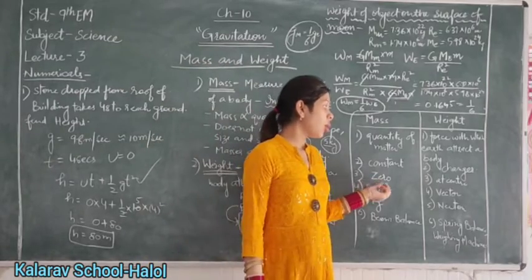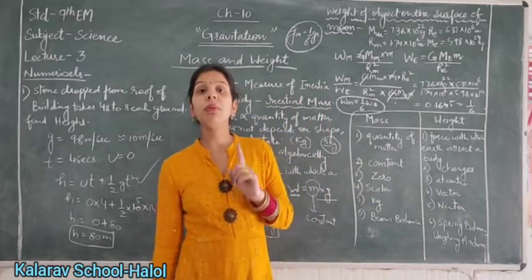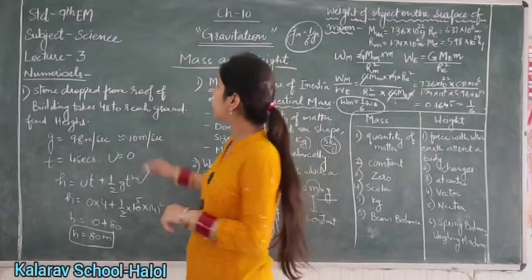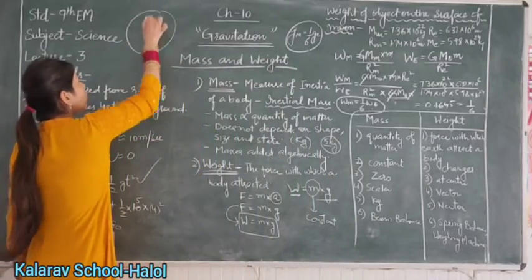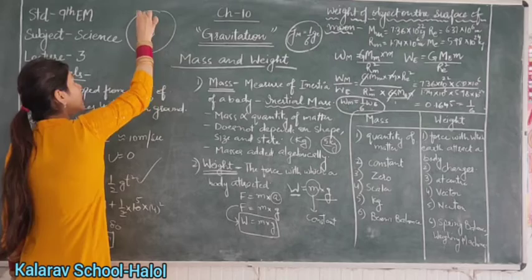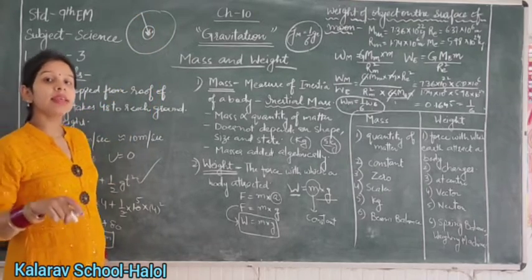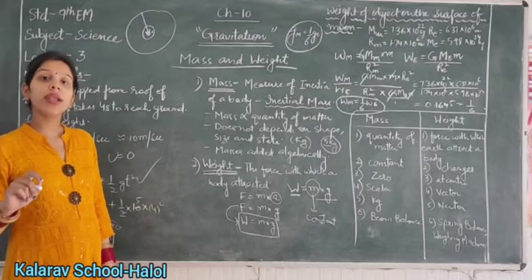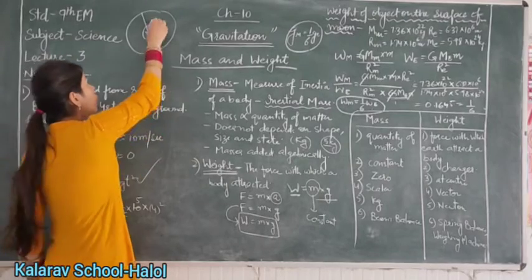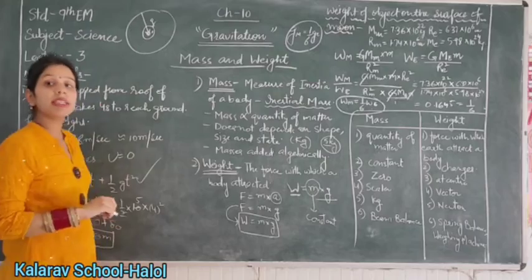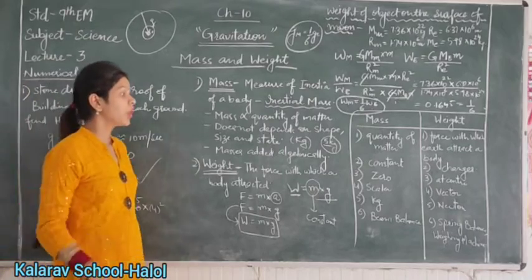Mass can be 0, but weight can only be 0 at the center of the earth, because the gravity at the center is 0. We already calculated that the gravity at the center is 0 because the radius becomes 0.